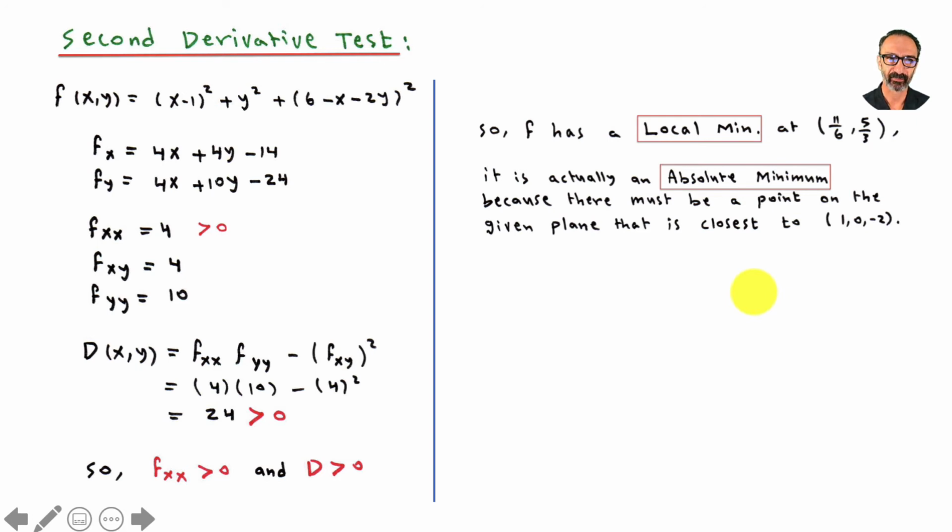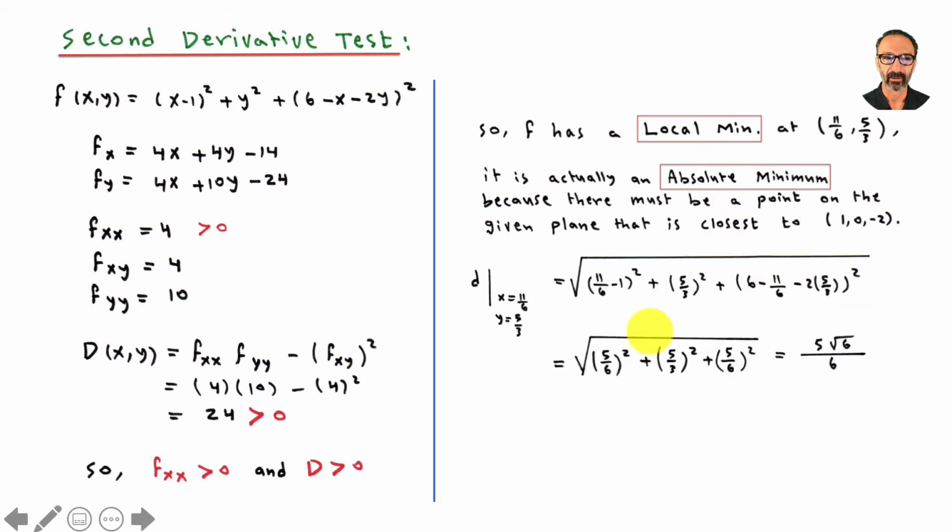Why is that? Because there must be a point on the given plane that is the closest to the point (1, 0, -2). If you take that d that we had earlier, which is a square root, a distance, not f_xy, and plug in the numbers that we have for x and y from the critical point, I get 5 square root of 6 over 6.